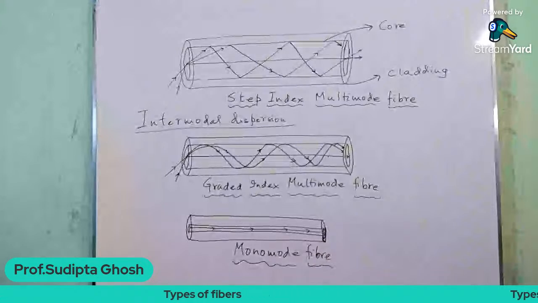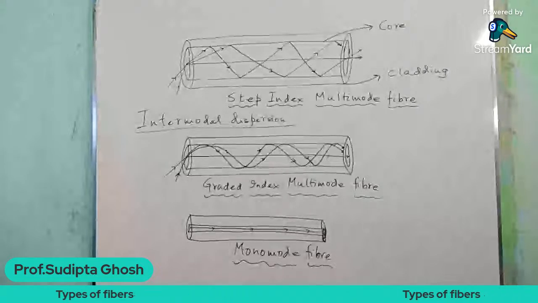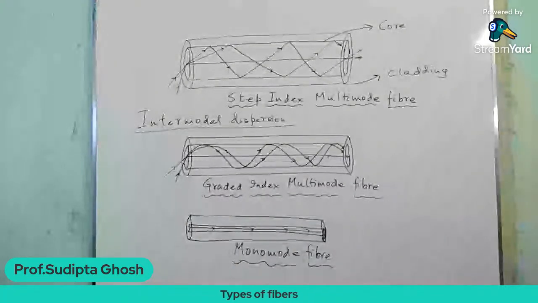Whereas the rays spiraling around near the cladding take longer paths and travel at a faster rate.